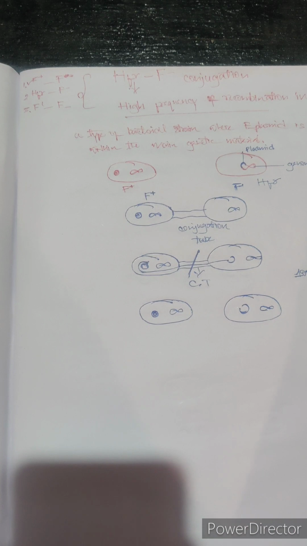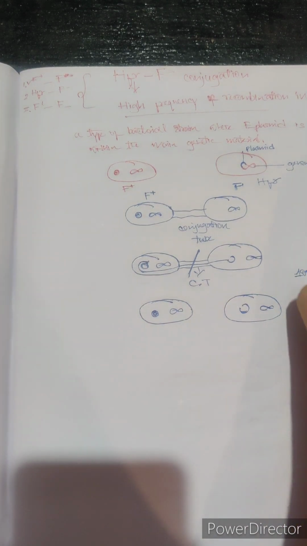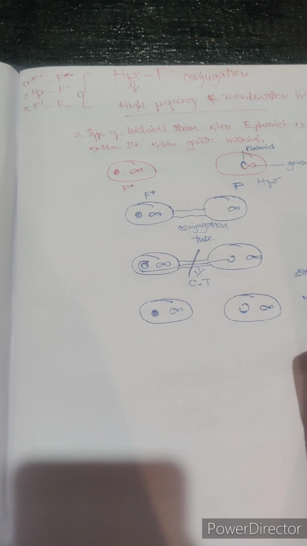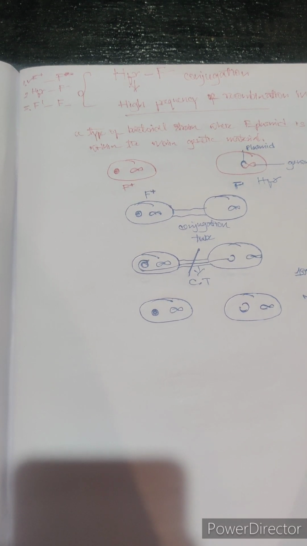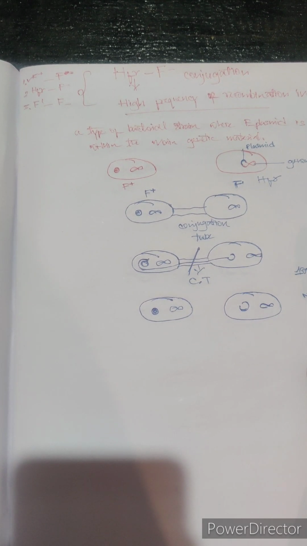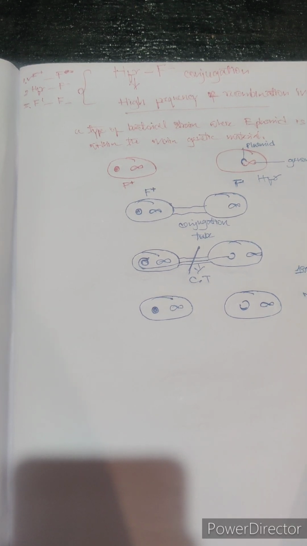So here, as you can see, there was no complete transfer of plasmid. Why? Because of the disruption of your conjugation tube.